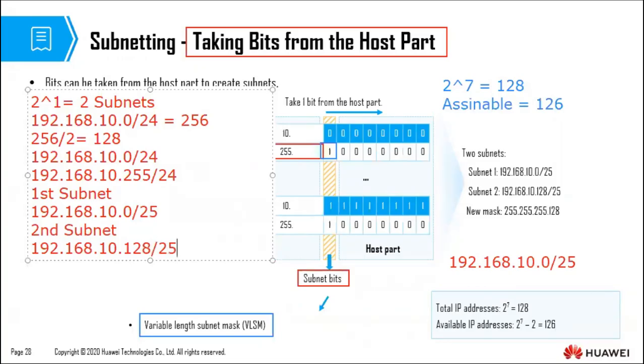One subnet is giving us 128 addresses, so all the way from 0 to 127, right? So the next network is going to begin at 128. It makes sense.